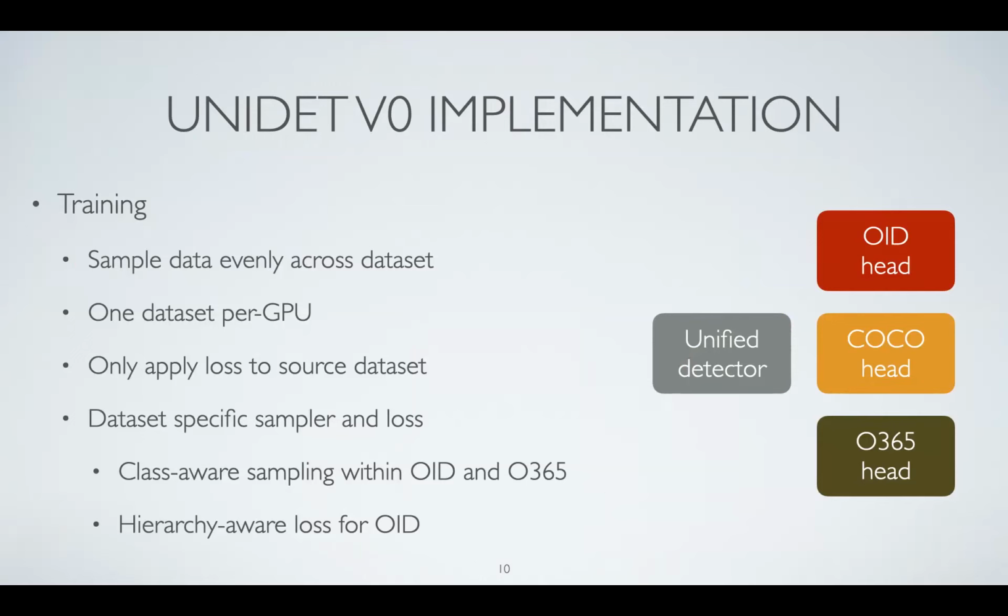This makes the training as fast as if we had only one dataset. We only apply loss to the source dataset and ignore the other heads during training. And we use different losses and different sampling strategies within each dataset. For example, we use class-aware sampling for OpenImages and Objects365 to handle the long-tail classification problem.